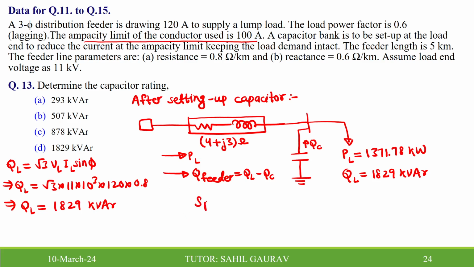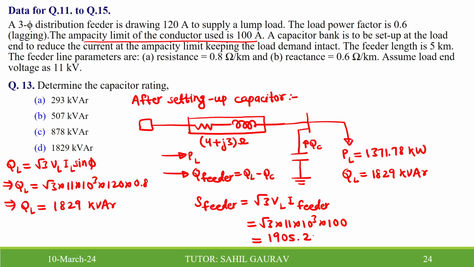The apparent power of the feeder, S feeder, is root 3 VL IL, and this IL will change to 100 ampere because the maximum limit is 100 ampere. So root 3 times 11 kV times 100 ampere is coming as 1905.256 kVA.